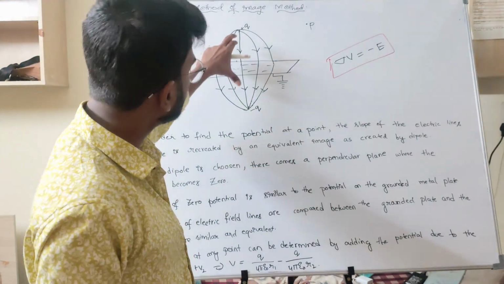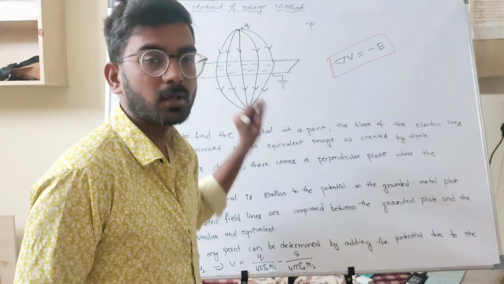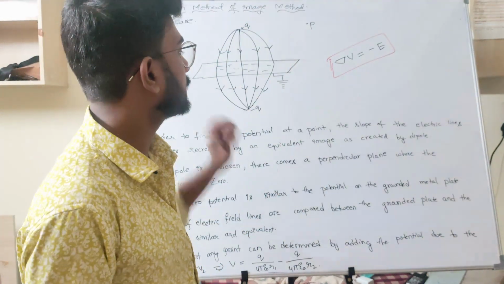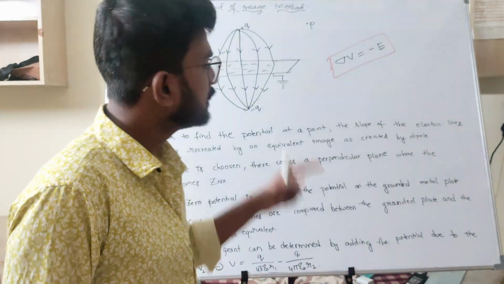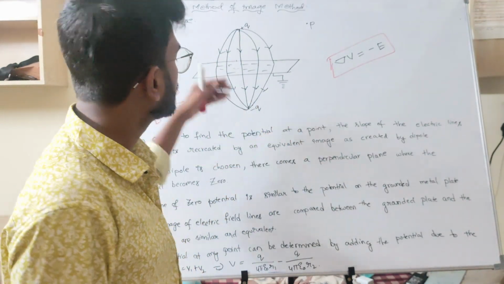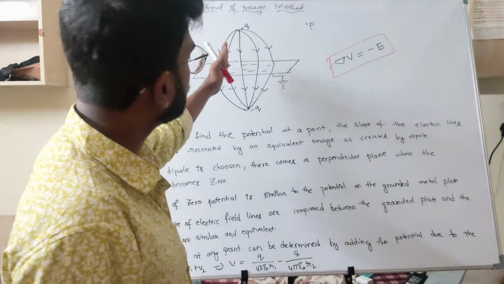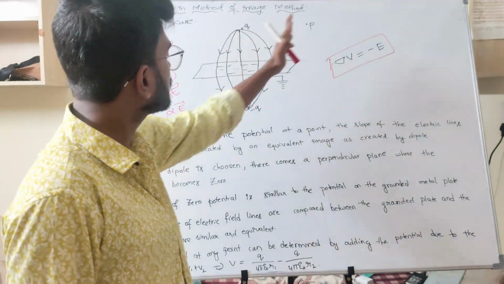So this electric lines of forces slope determines the rate of change of potential at point P, which depends upon the configuration of the electric lines of forces. So this image charge distribution will give the dipole that creates a potential at point P.